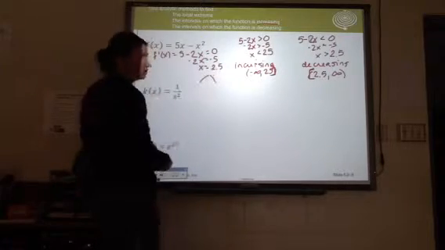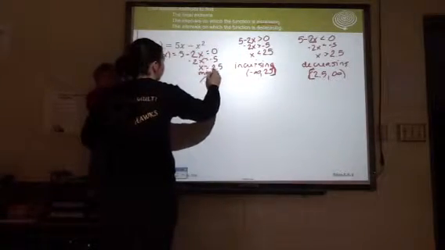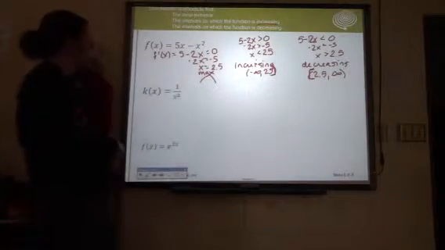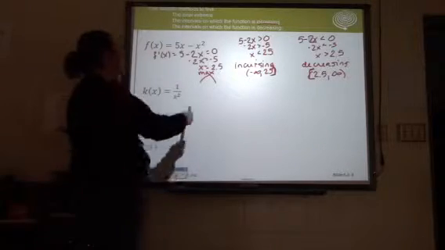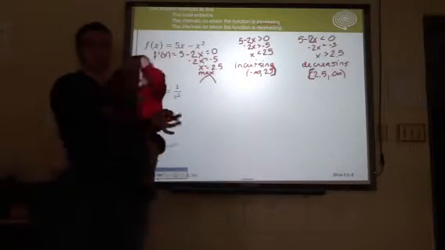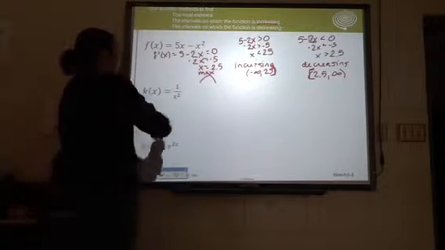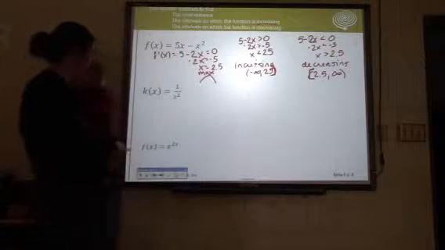So this point, 2.5, is where a maximum occurs. To actually find the maximum value, you would put that x value into the original function and find the y value. I'm not going to do that right now, but you should be able to find that y value by putting x into your equation.